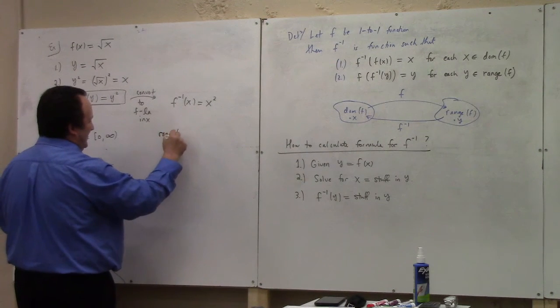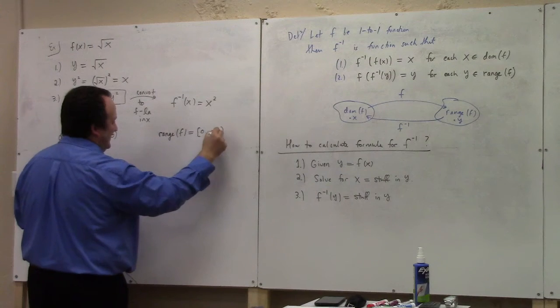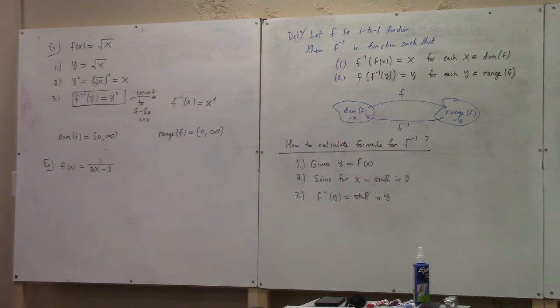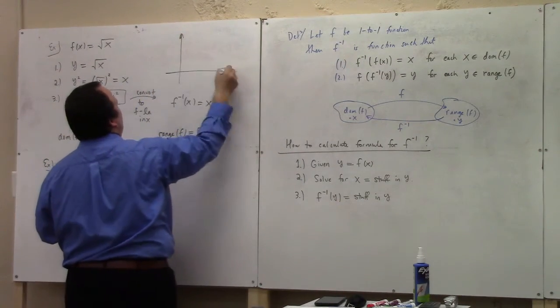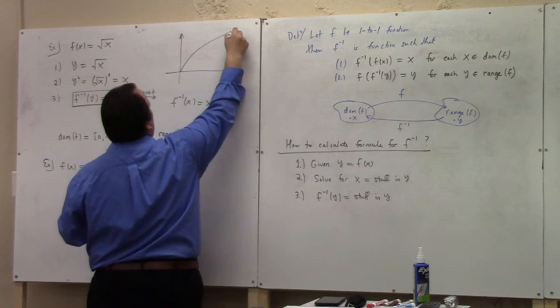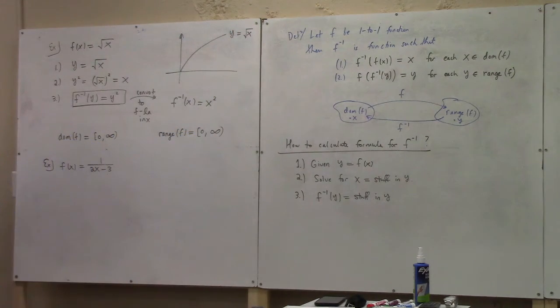Sorry, it's like the contrast of white on white in this case. The range of f is also 0 to infinity. The graph, fine. So here's y equals square root of x. That's the graph of the function. What's the graph of the inverse look like?